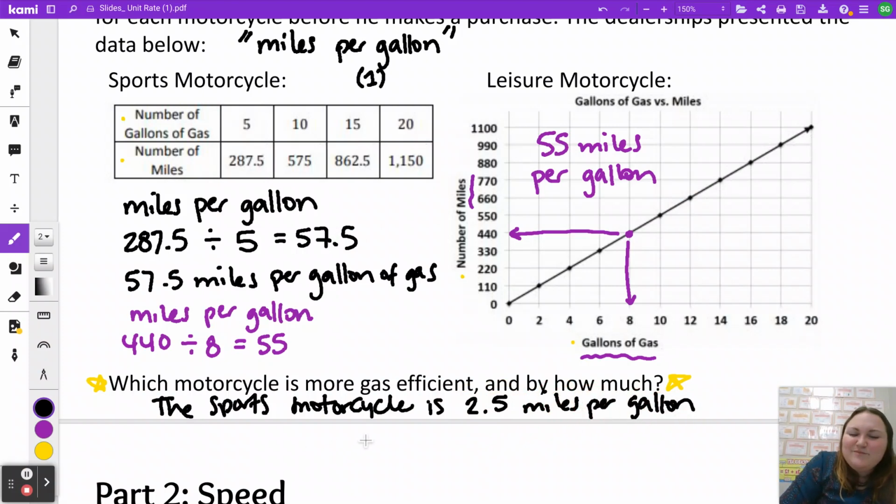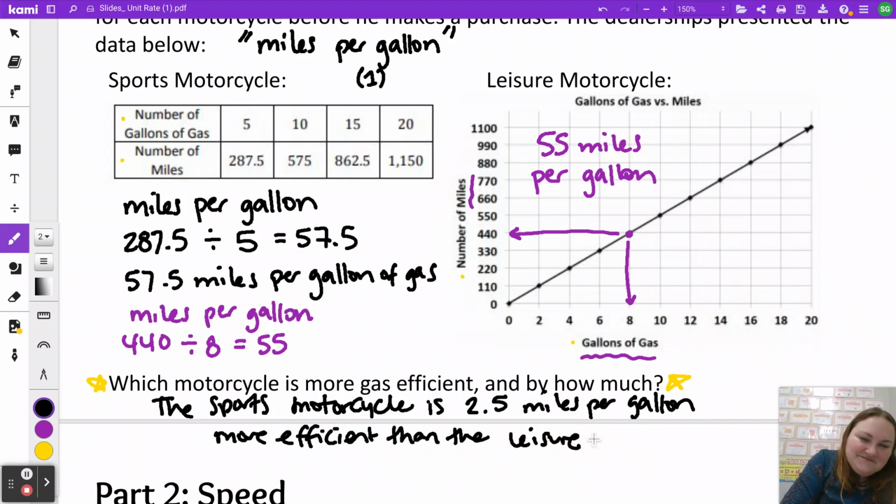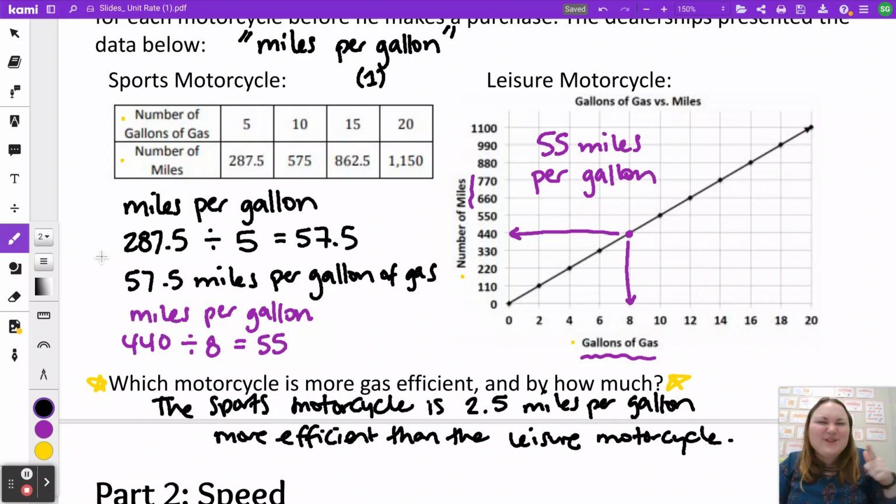So I'm going to say the sports motorcycle is 2.5 miles per gallon more efficient than the leisure motorcycle. It doesn't have to be exactly like that, but we're looking for that we choose the sports motorcycle and we're looking for that 2.5 in there.